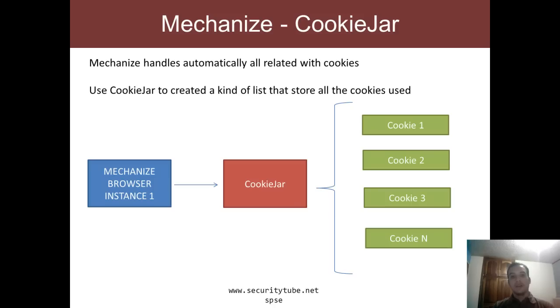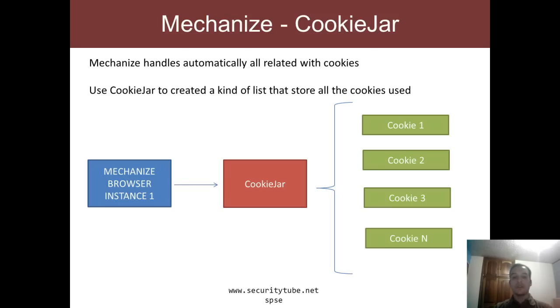Mechanize is a module in Python used to easily browse through web applications programmatically. If we browse through different web applications using Mechanize, these handlers are all related to the cookies.